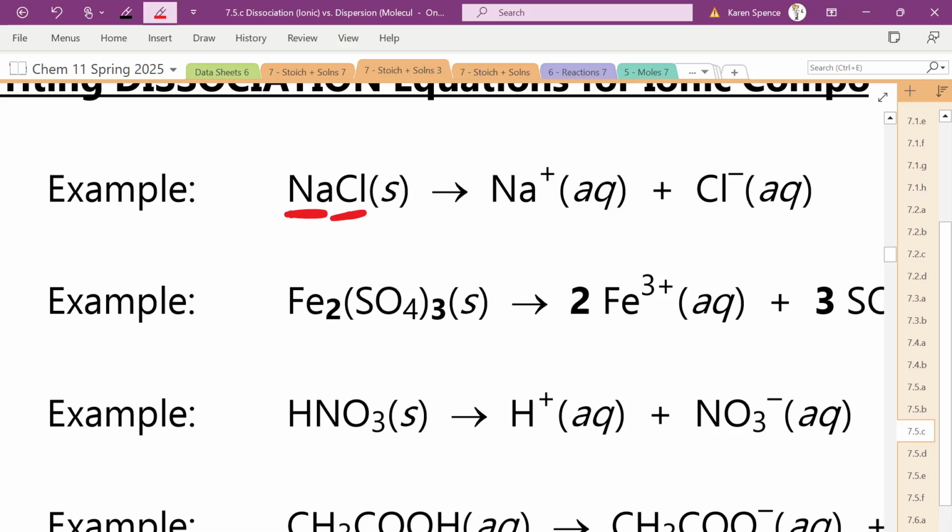You separate it into Na. You need to have the charge, and you need to have aqueous. Cl, you need to have the charge and you need to have aqueous.